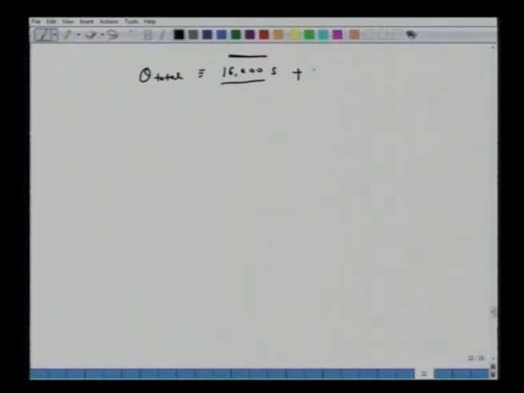Then we have the linear falling rate, which was 18,480 seconds. And the third, which we just calculated for the non-linear rate, is around 24,000 seconds. So the total time is around 58,480 seconds to dry this solid under batch conditions.